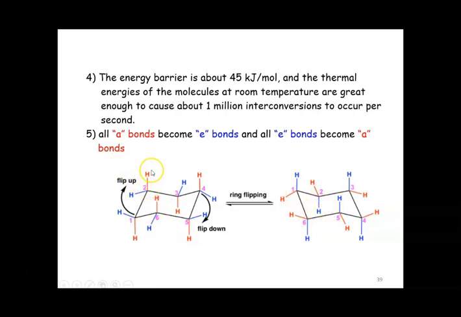Here we can see the hydrogen at carbon number 1: the equatorial hydrogen becomes axial here, and the axial hydrogen becomes the equatorial hydrogen here.